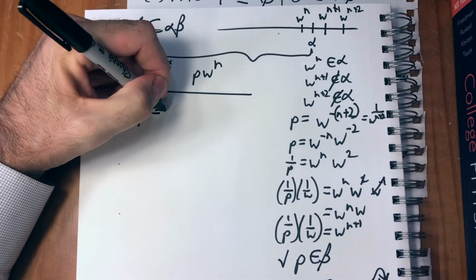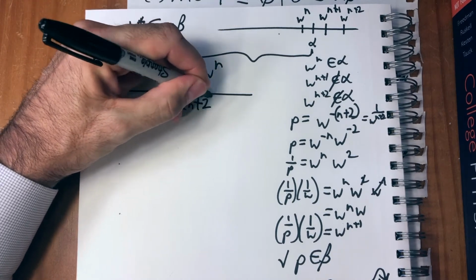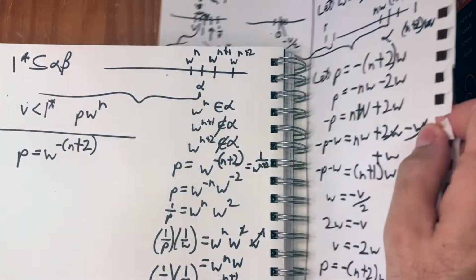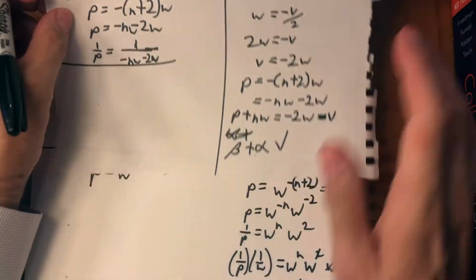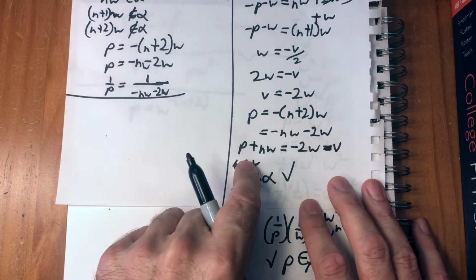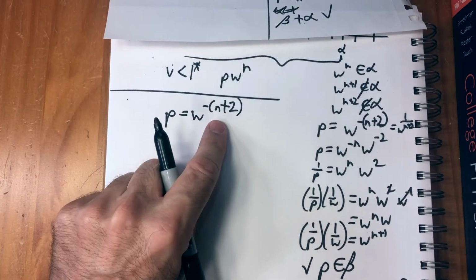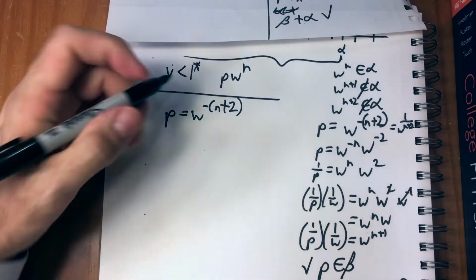We have that P equals W to the minus n plus 2. And then what we did here is we moved the NW over to the other side, and then we were left with V. So to do that with multiplication, first expand it again.